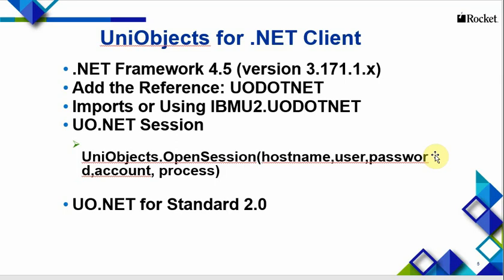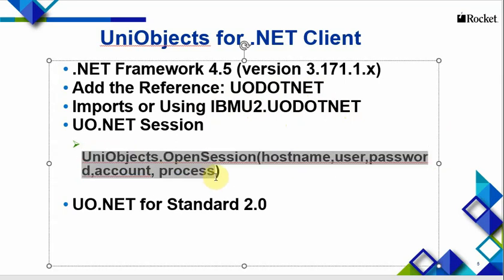Basically, in your application, you need to add the reference called UO.NET driver, and you just need to import this IBM.U2.UO.NET reference, and it's pretty simple. It can open the session with syntax something like this. We also have a Standard 2.0 driver, so you can work with a .NET Core 3.1 environment or .NET 5.